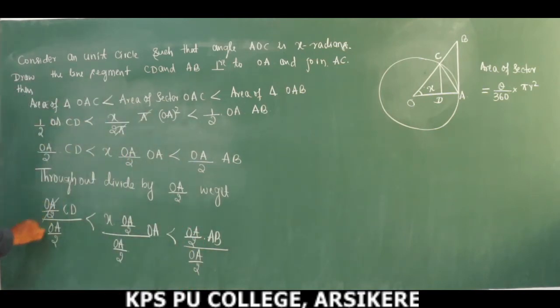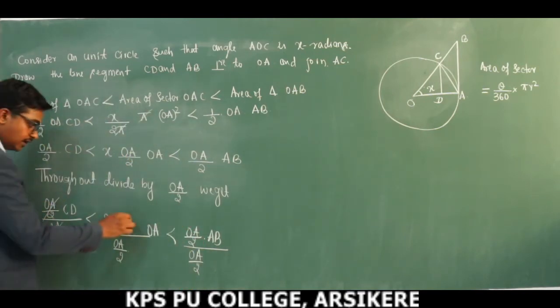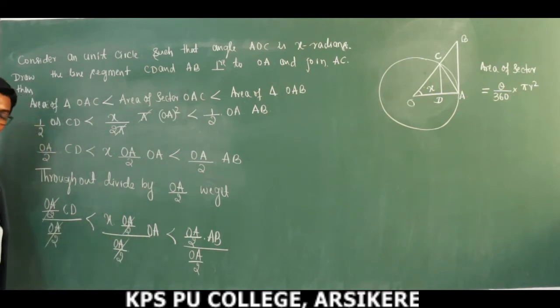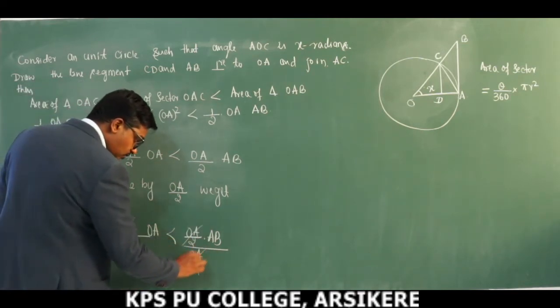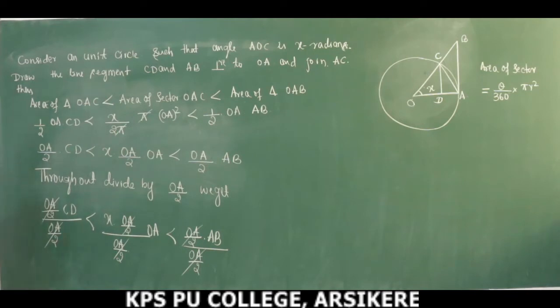And here OA divided by 2 gets cancelled in each term.